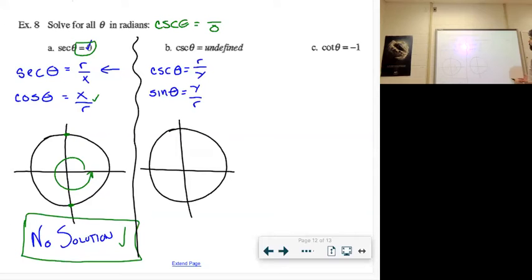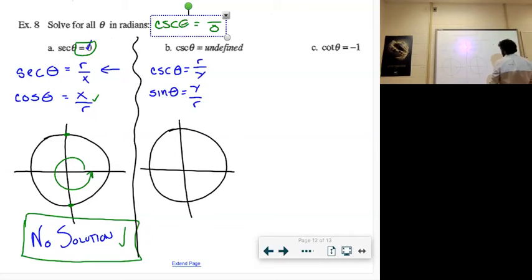In this case, we can work with this a little bit. If we think about cosecant and sine being reciprocals, we're just taking the reciprocal of the ratio, r over y, y over r. So for cosecant to be undefined, that means we would have a 0 down there in the denominator.